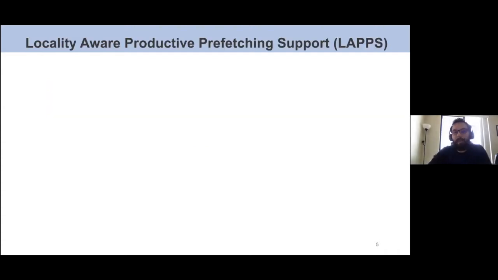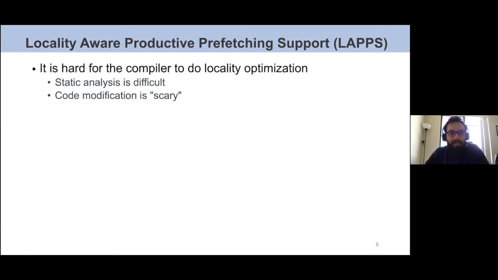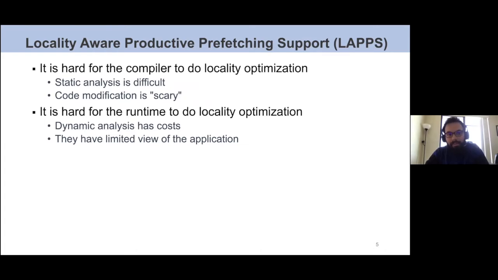So let's talk about the first bullet, which is the collaborative language feature that we called locality-aware productive prefetching support, or LAPS. The motivation for LAPS is that it is really hard for the compiler or the runtime system to do these kinds of locality optimizations for many reasons.